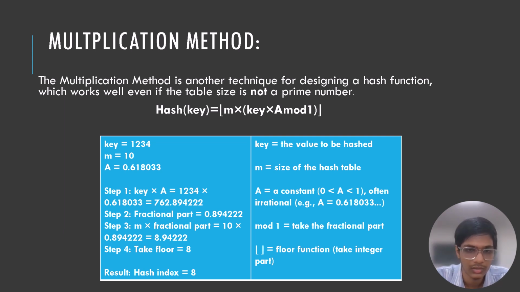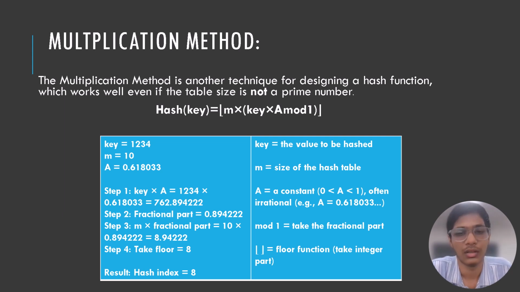Here, key equals 1234, m equals the size of the table, and A equals 0.618033, which we know is irrational. Step 1: multiply the key times A, that is 1234 times 0.618033, which gives 762.622.